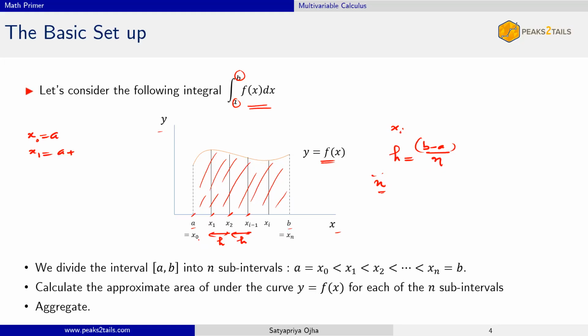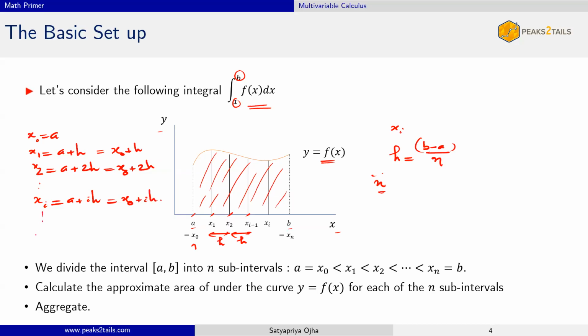So if x0 is a, that's my first point in the interval. x1 is a plus h. x2 is a plus 2h. So what is xi? xi would be a plus ih. Instead of a, I will write x0 plus h, x0 plus 2h, and x0 plus ih.